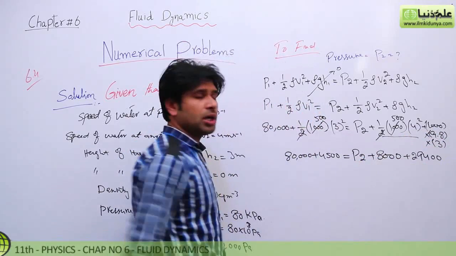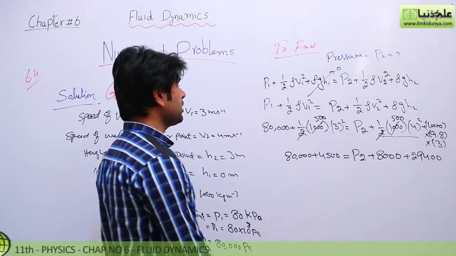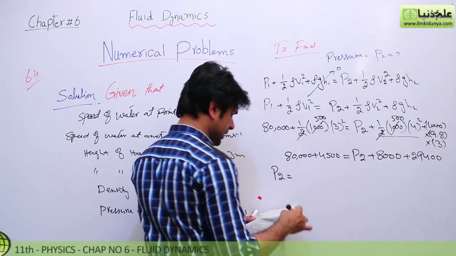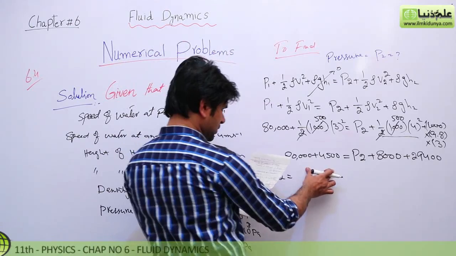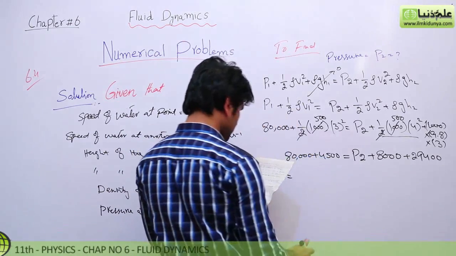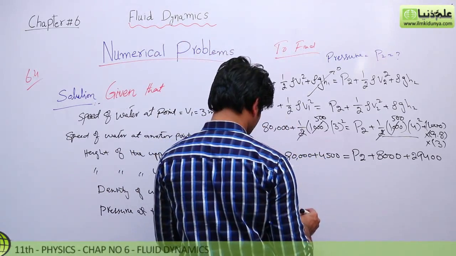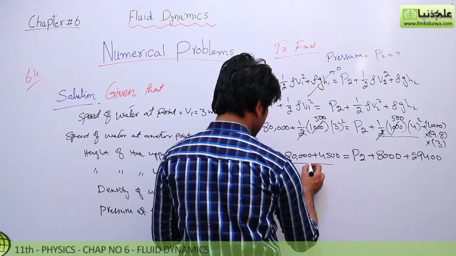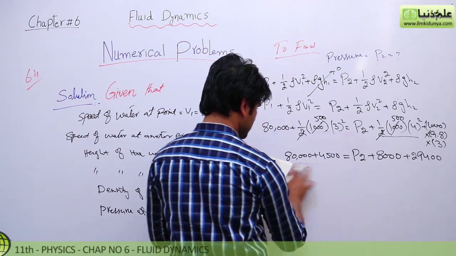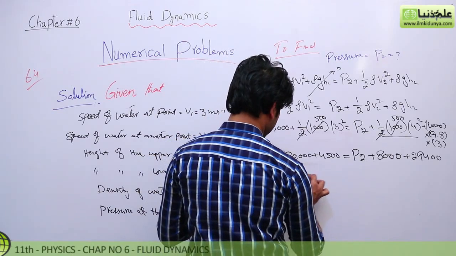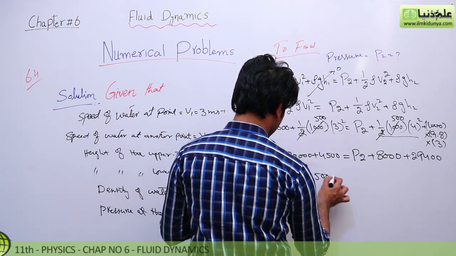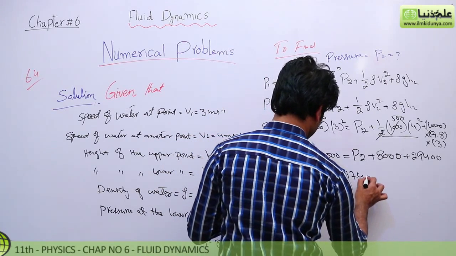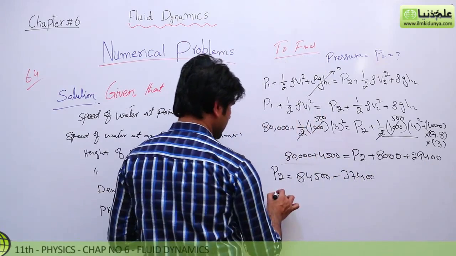We will have to find out the P2, which is pressure at the upper point. So P2, by rearranging this, when we add these two terms, this should be 84500 minus 37400.